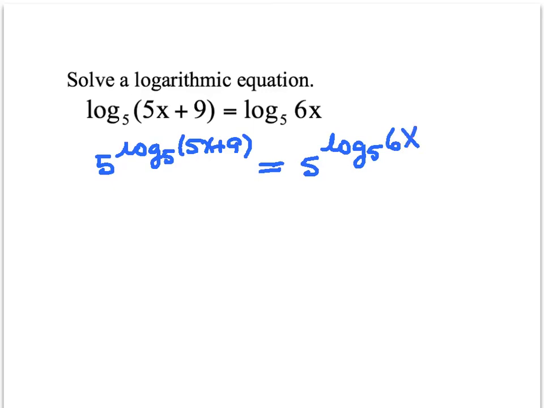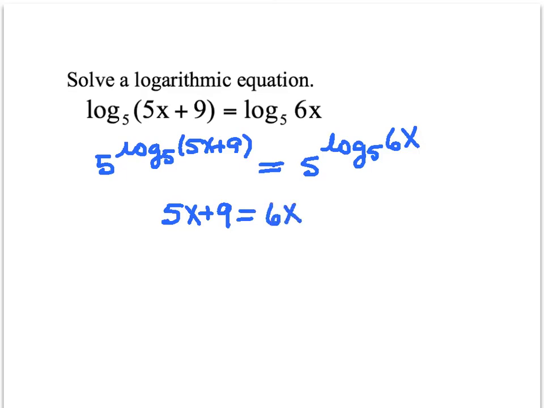I know that when I have a base 5 raised to a logarithm with base 5, then that expression is equal to what's inside of that logarithm. And so on the left side of my equal sign, I have 5x plus 9. And on the right-hand side, 5 raised to a log base 5 of 6x is equal to 6x.